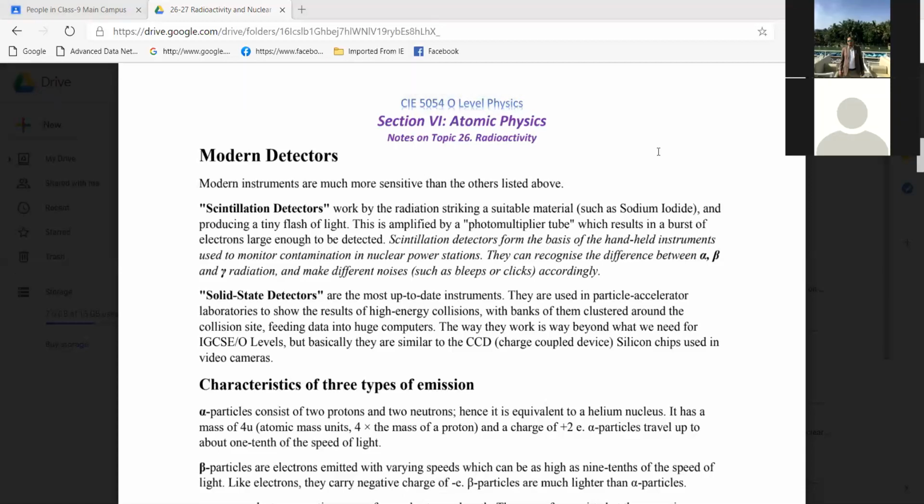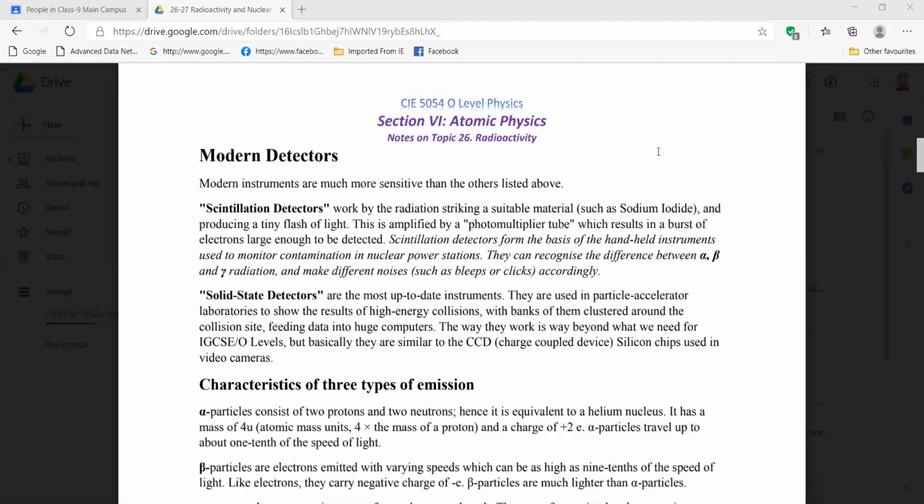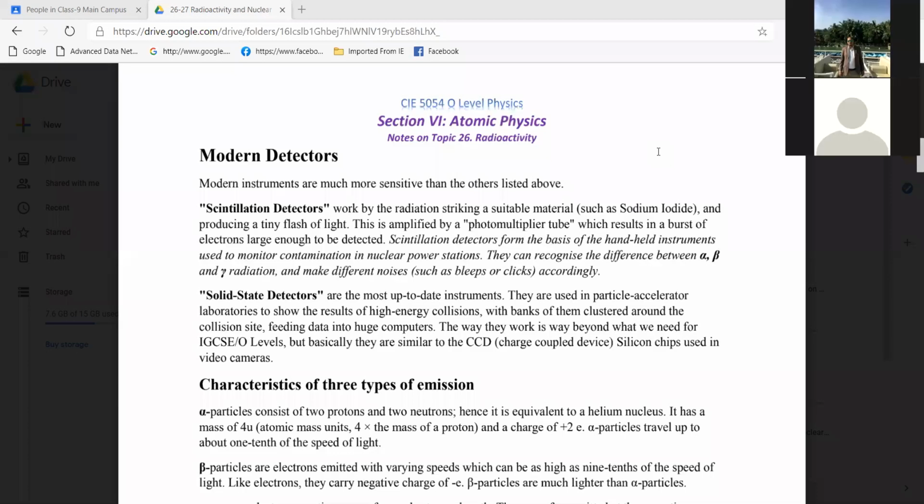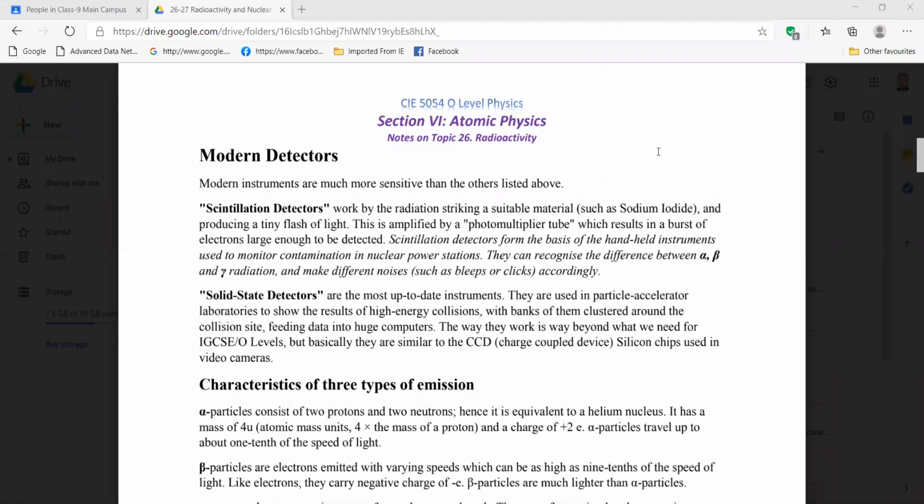Scintillation detectors form the basis of the handheld instruments used to monitor contamination in nuclear power stations. They can recognize the difference between alpha, beta, and gamma radiation, and make different noises such as bleeps or clicks accordingly. Okay, so solid state detectors, wait. So we are highlighting a little bit on these scintillation detectors.